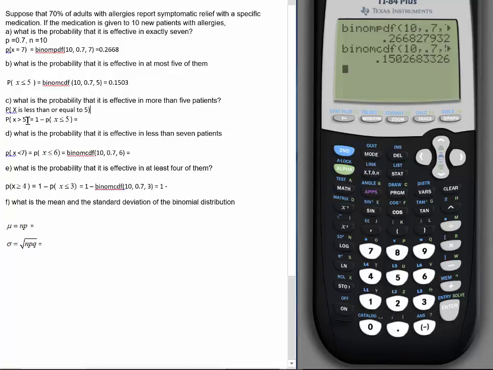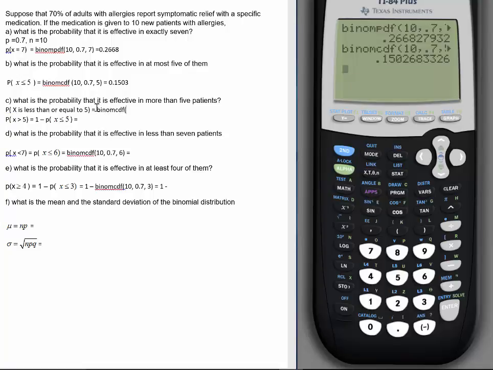We want greater than 5. But the calculator can find the probability of x less than or equal to 5. And since the sum of probabilities equals 1, once we find the probability of x less than or equal to 5, we can subtract it from 1 to get the answer to our question. Okay, probability of x less than or equal to 5, it's going to be what?